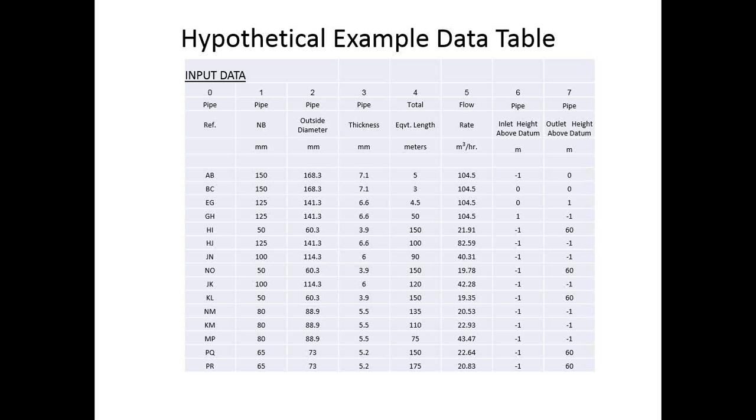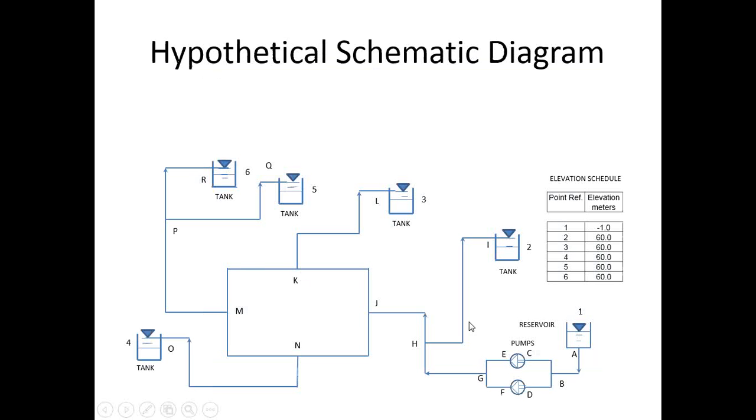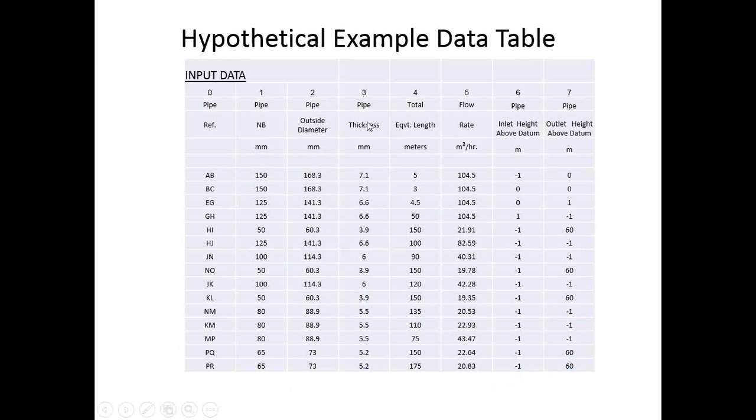Here I am demonstrating a calculation with reference to the schematic diagram with some hypothetical data. Column 0 identifies the pipe. AB is the pipe suction from the reservoir. BC is the individual pump inlet. EG is the individual pump outlet, and so on.